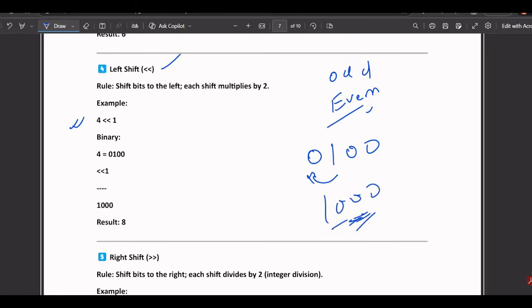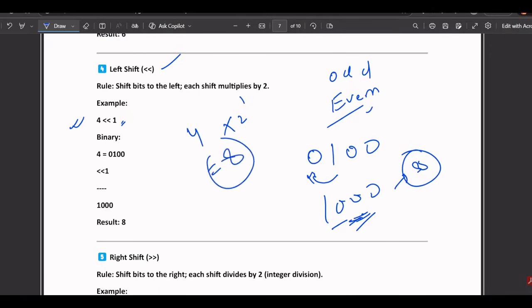So what is it? It is basically 8. So if you want to compute any left shift, just multiply the number by 2 to the power of the shift amount. If you want to left shift by 1, it will be 2 to the power 1, so you multiply 4 by 2 to the power 1, which is 8.